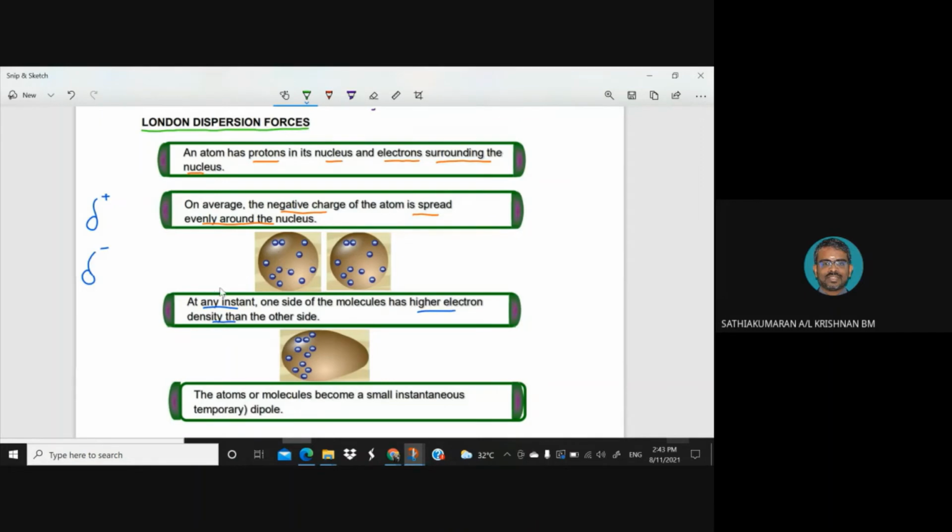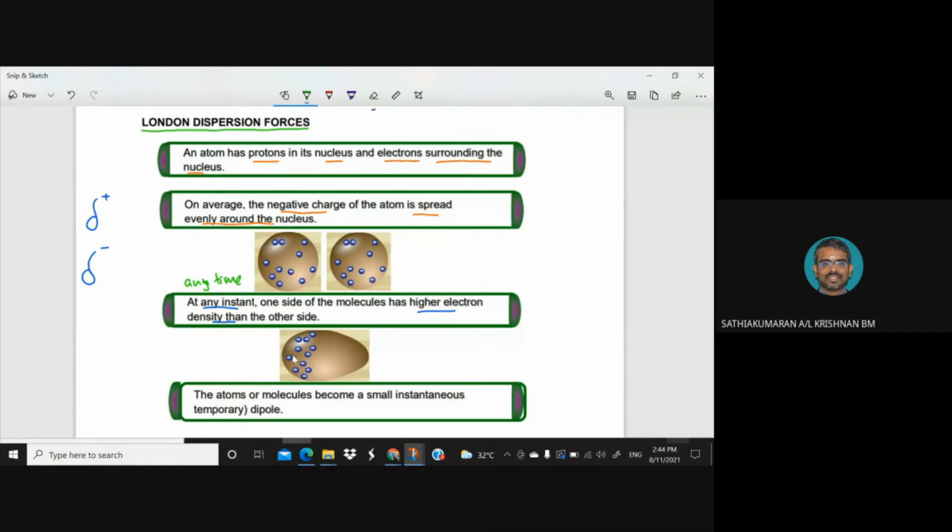So at one time, when the electron is moving, all the negative charge is at one side, like this. We don't know when. That's why they said at any instant. At any instant means at any time, no specific time. At any time, one side suddenly got more negative charge here. That means this area is rich with electrons.